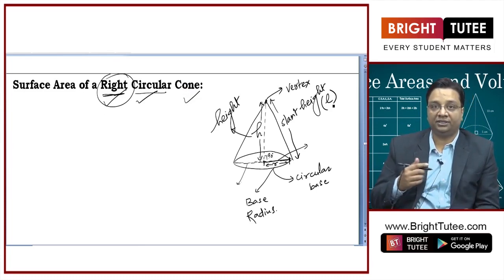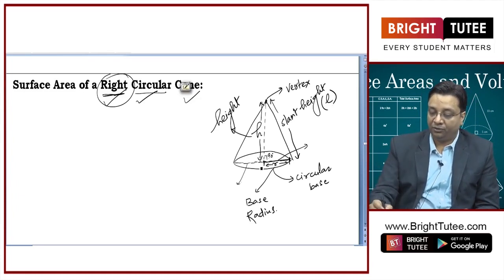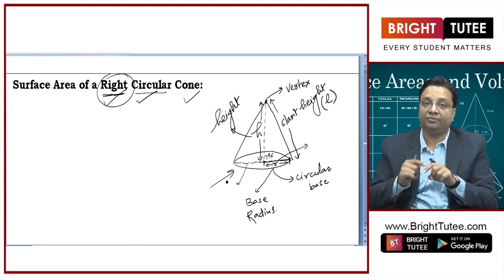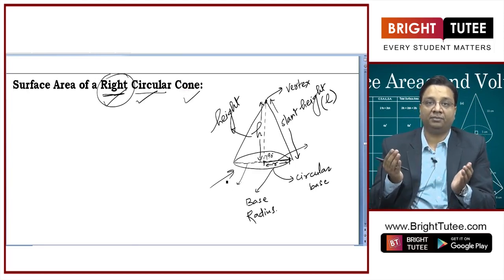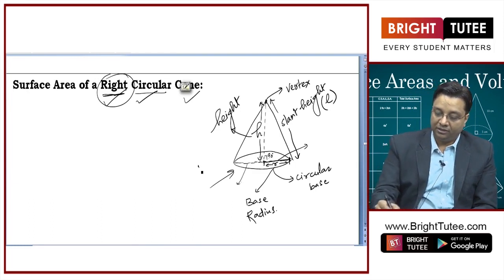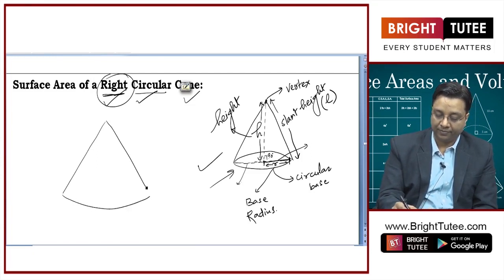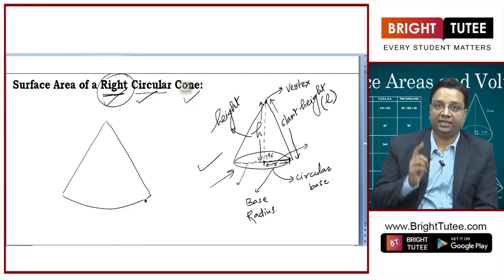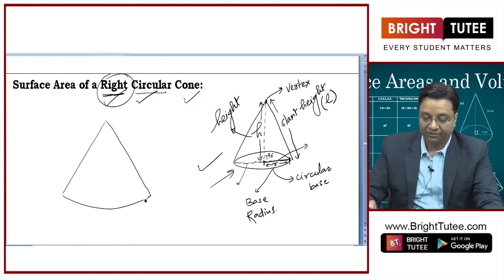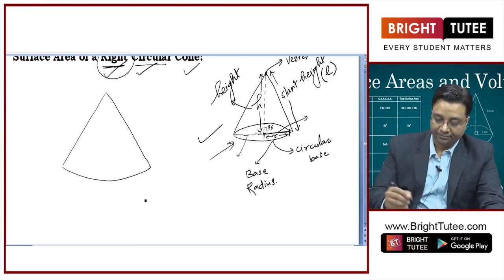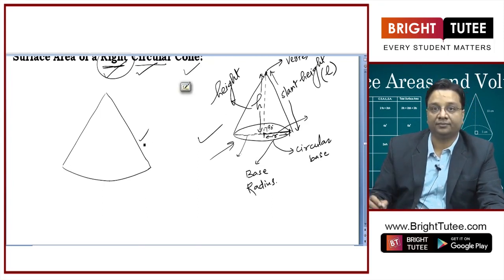How do we look at the surface areas of figures? By opening those figures. Let us say you have a cone made up of paper. If you open that paper, this cone would look like a sector of a circle. Now, we have studied circles. So, you tell me, what will be this length?